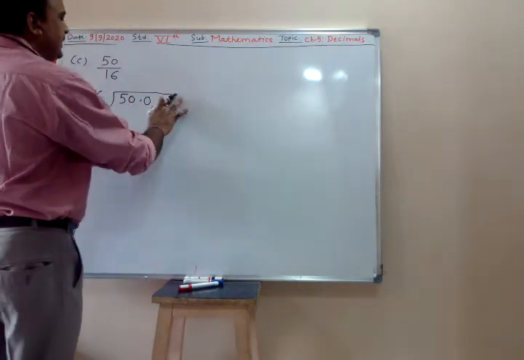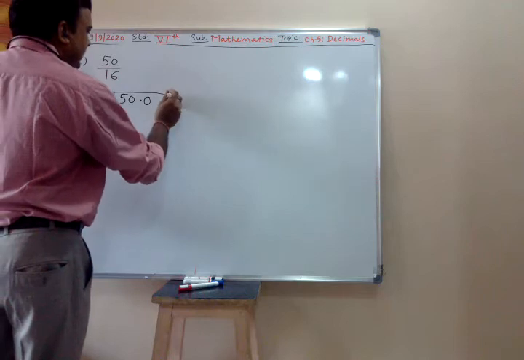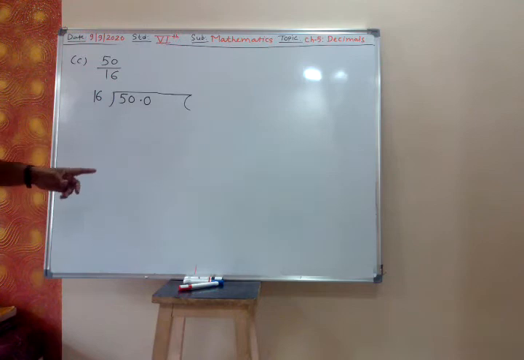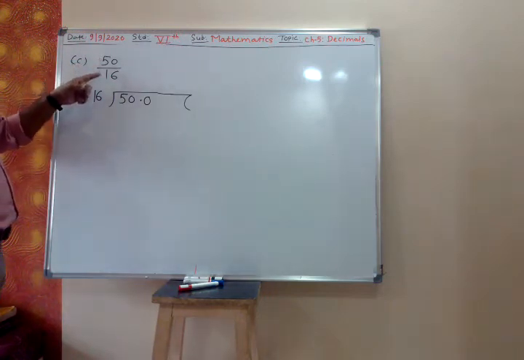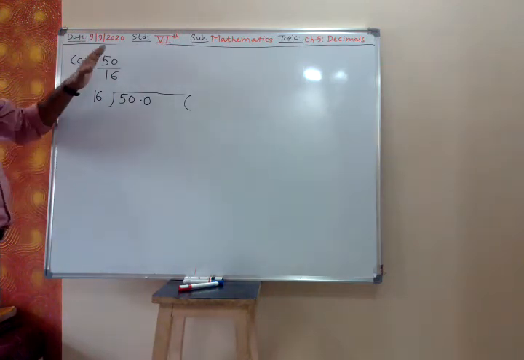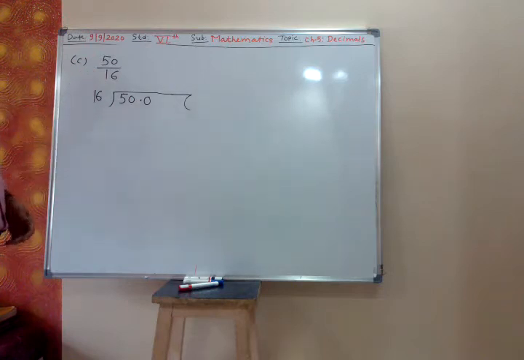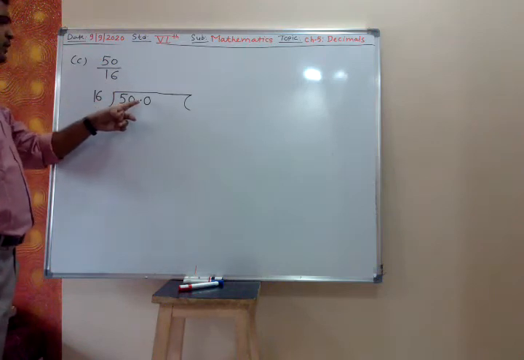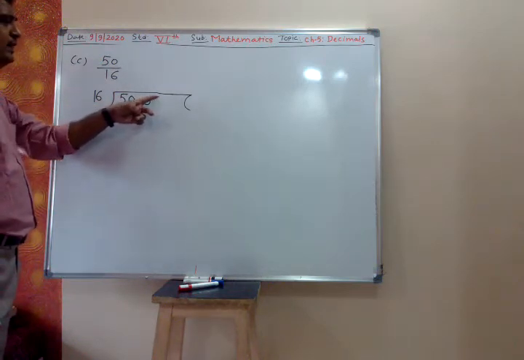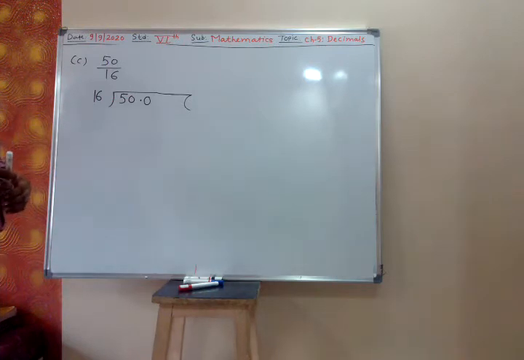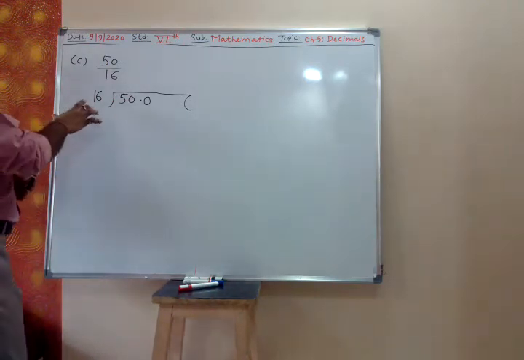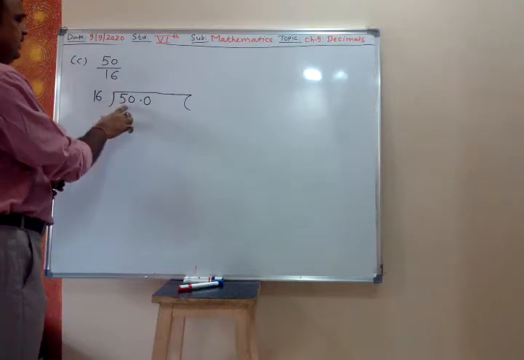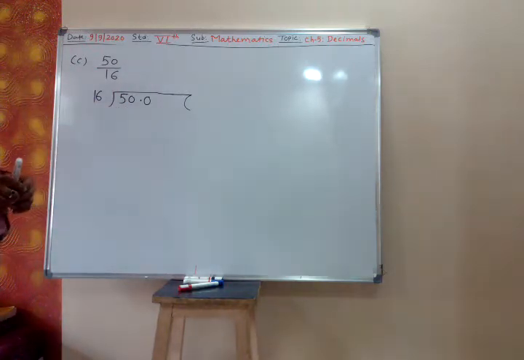We can put as many 0s. No problem, we directly divide 50 upon 16. We write the point.